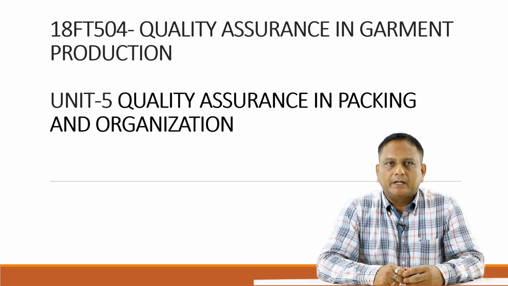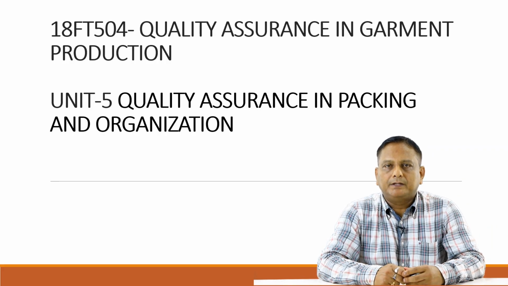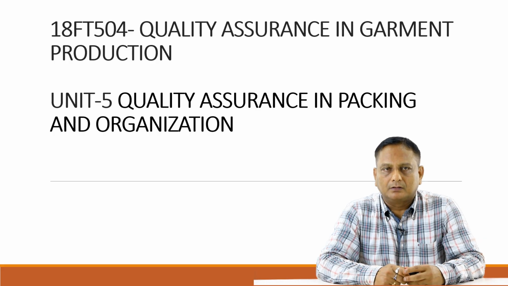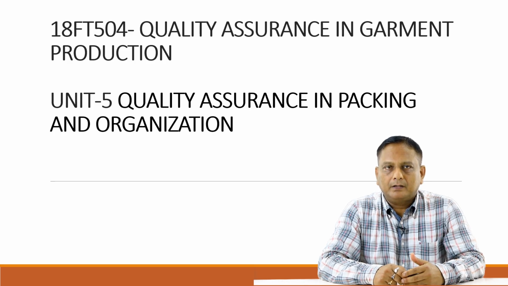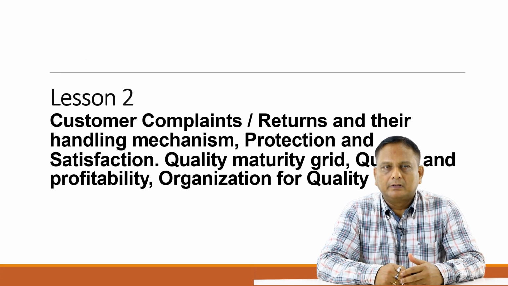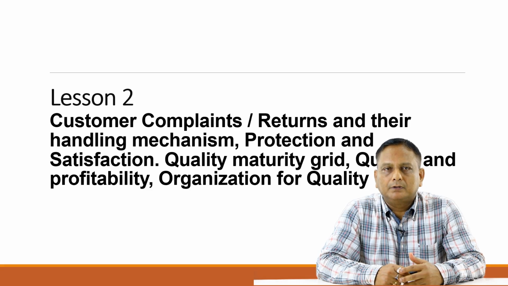Students, we will start with 18504 Quality Assurance in Garment Production, and we are at Unit 5, Quality Assurance in Packing and Organization. Today we will talk about Lesson 2, wherein we will talk about different procedures of customer complaint handling.